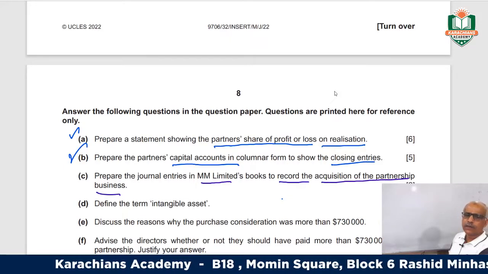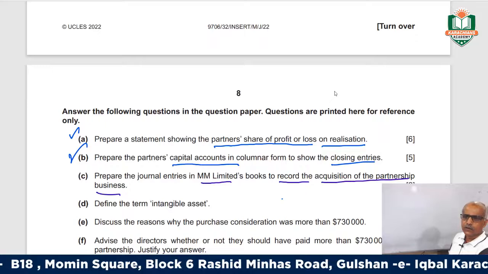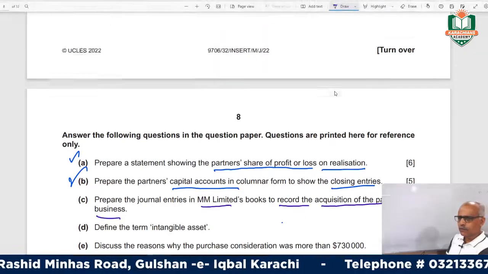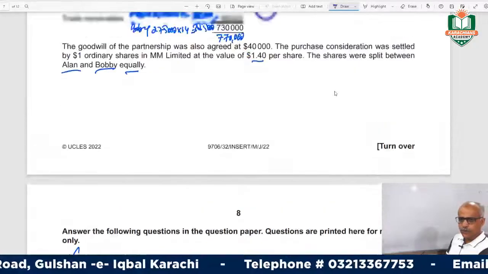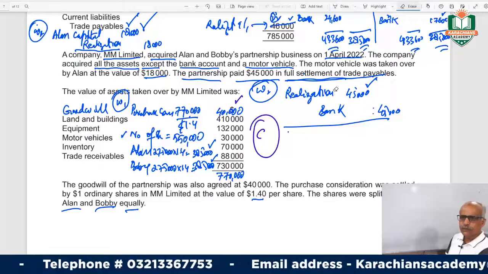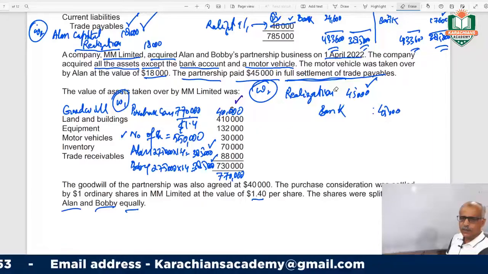So in the limited's books, we simply have to record how this acquisition will be recorded. That's all we have to do. We can solve C here, a very simple one.